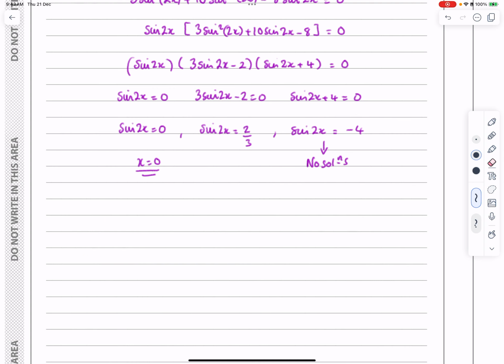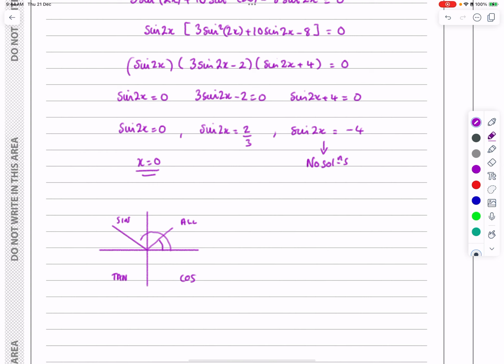For sine 2x equals 2/3, I would now use the CAST diagram. So for the CAST diagram, I'm going to get a value here, all sine, tan, and cos. So I'll get a value there where sine 2x equals 2/3, but I'll also get a value in the second quadrant.